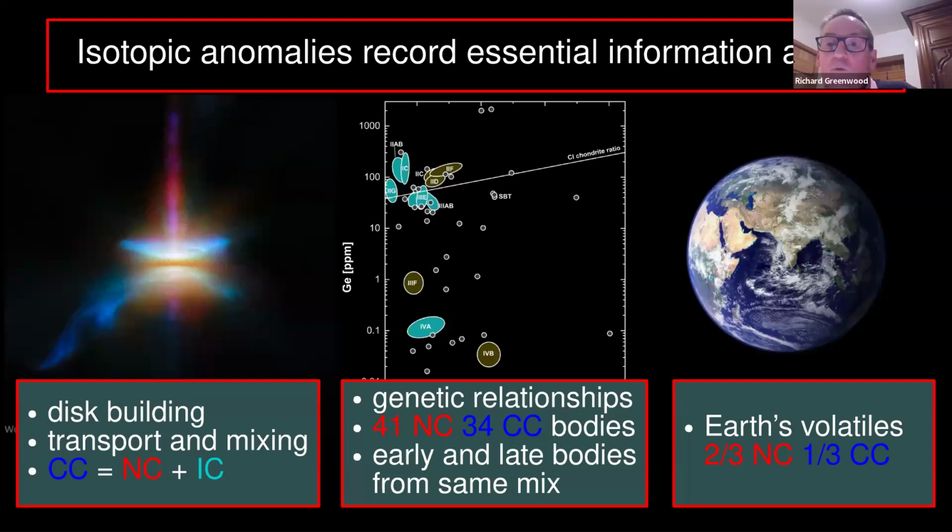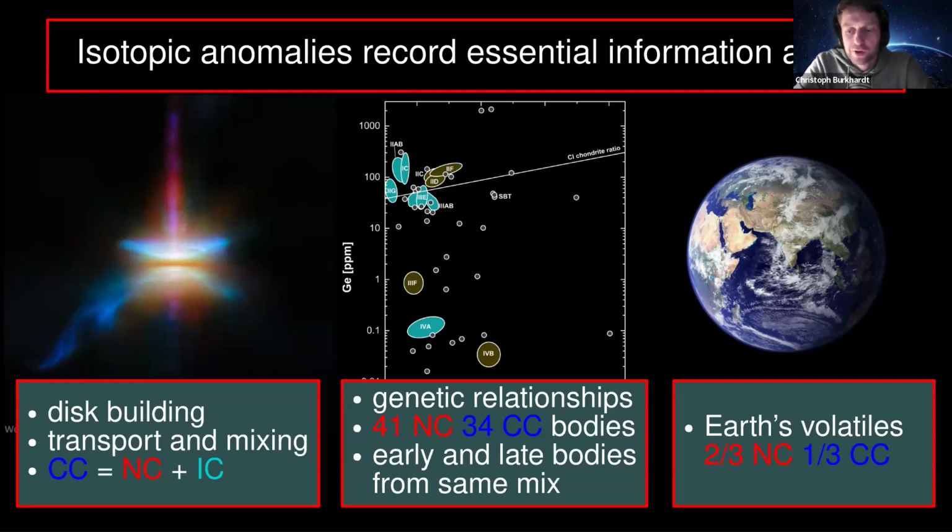Ming Ming Zhang has asked, what is the IC component? IC equals refractory inclusions? No. Yeah, we named this inclusion-like chondritic. So the isotopic composition of that component is like the one of CAIs and AOAs. But overall, the chemical composition is solar.